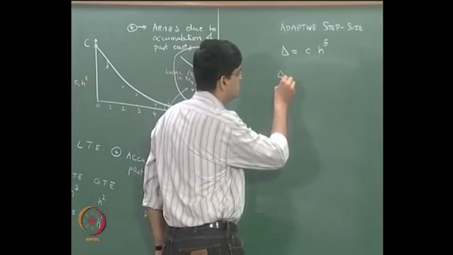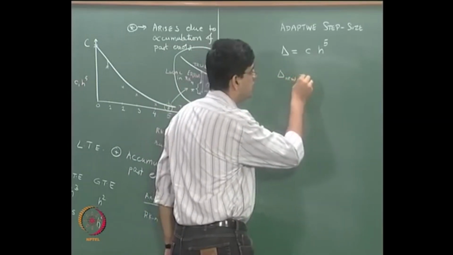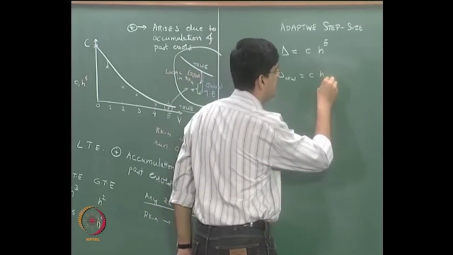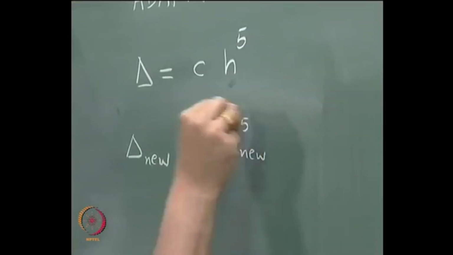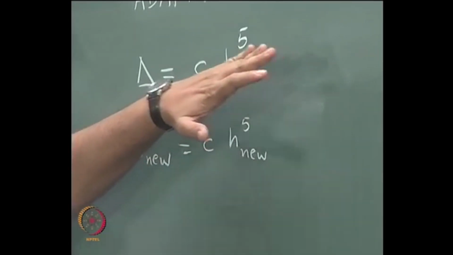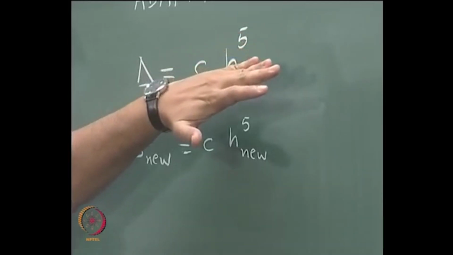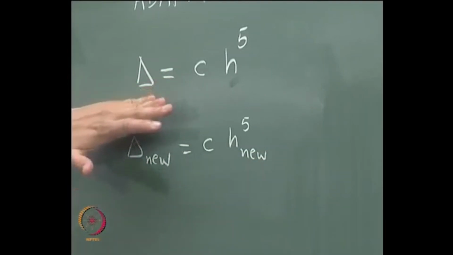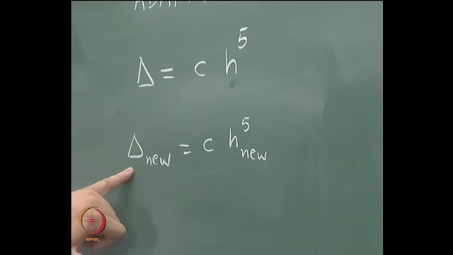So delta nu for another h nu is also going to be c multiplied by h nu to the power 5. Okay, so if we were to change h from the actual value of h to a new value of h nu, this delta will change from this true delta to the delta nu.